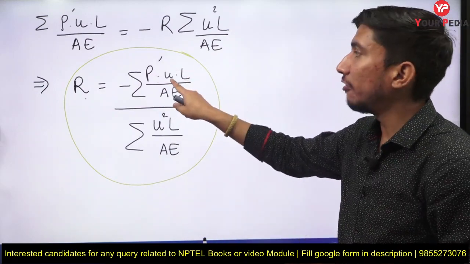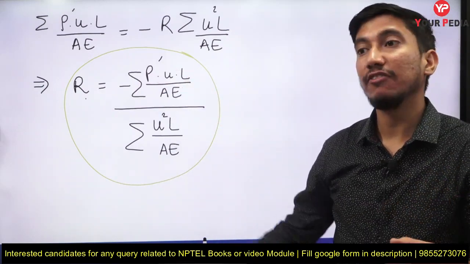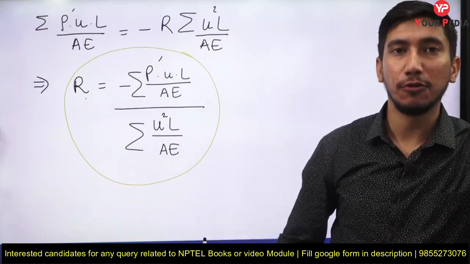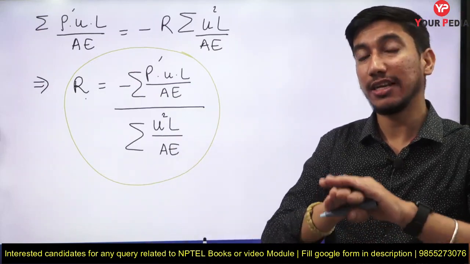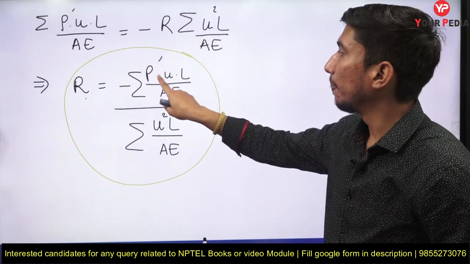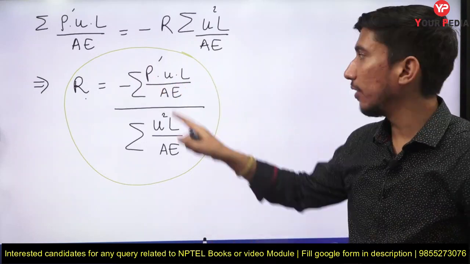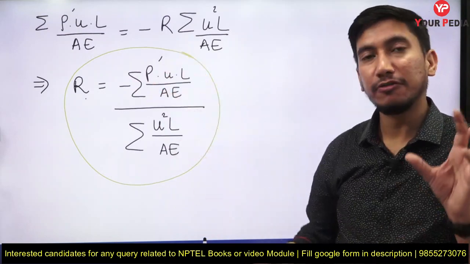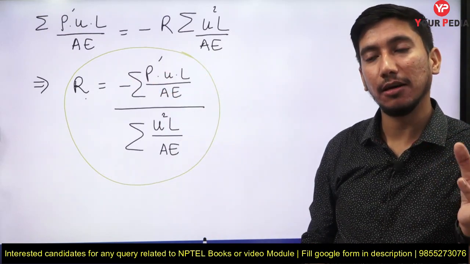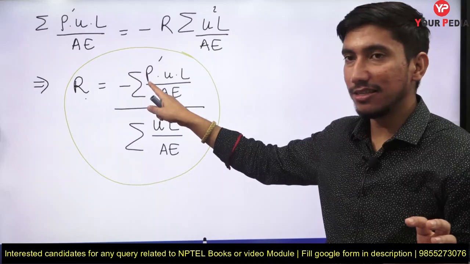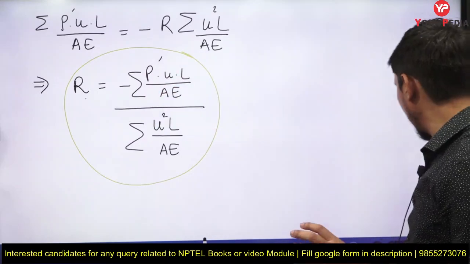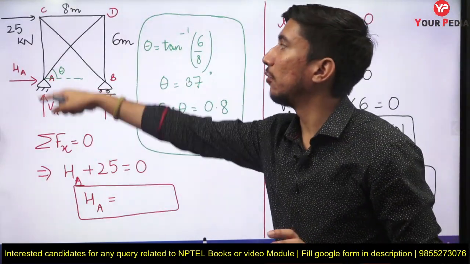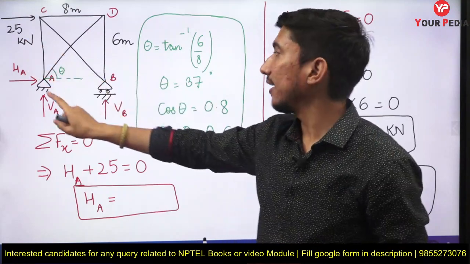Then you also have to find the U value, which is basically when only unit load is acting and external force is not acting. You have to find forces in each member for this also. L you already know, A and E you already know, so you don't need to find those, but for this you need to find the member forces for each member under the P dash system of loading and under unit loading. Okay, so first under the P dash system of loading, when only external force is acting and redundant is not acting.